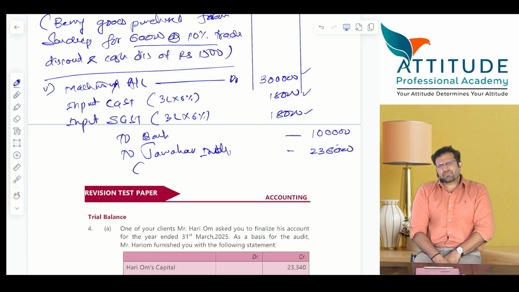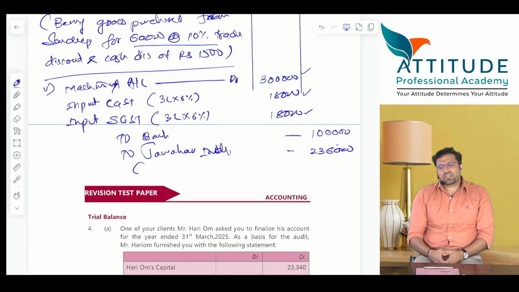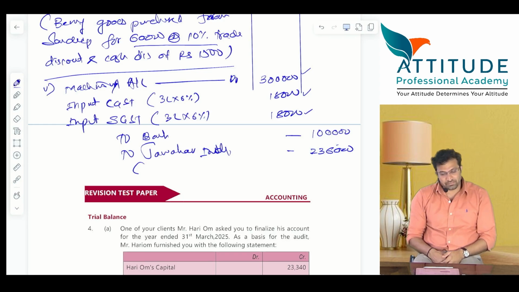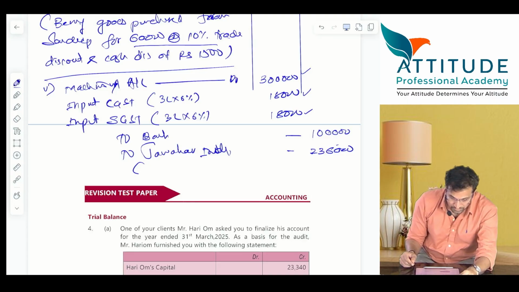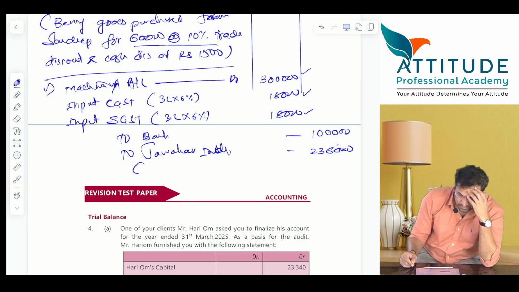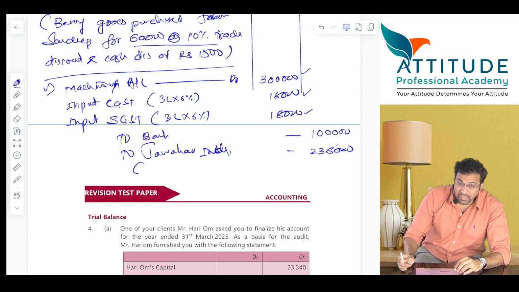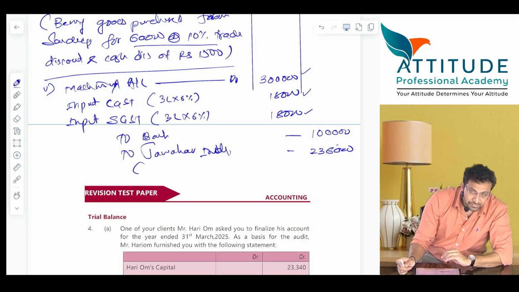Being purchase machinery from Jawahar with a CGST and SGST of 6% each and 1 lakh paid immediately. Clear? Yes, Nimishatu?